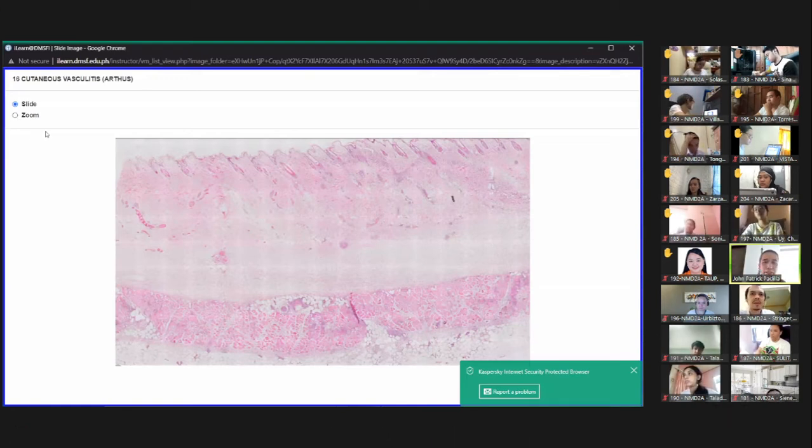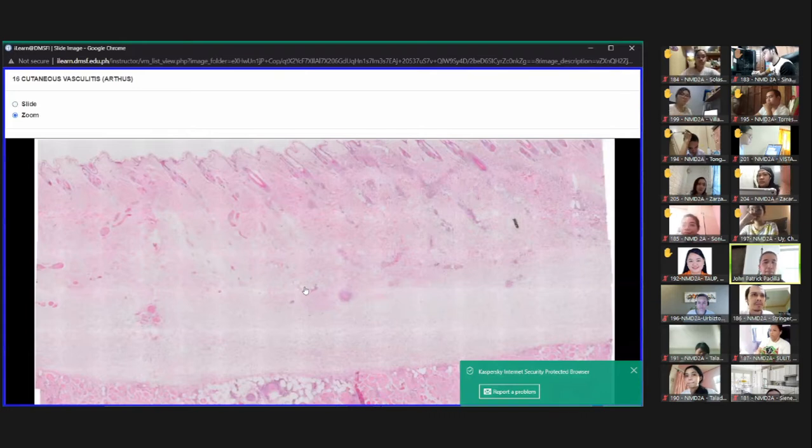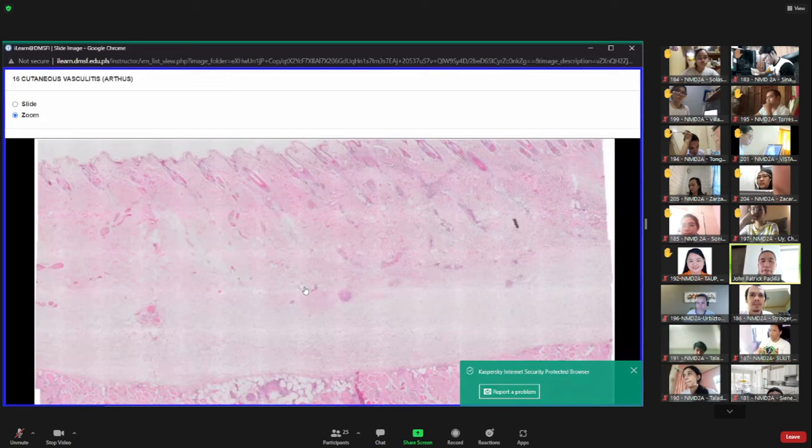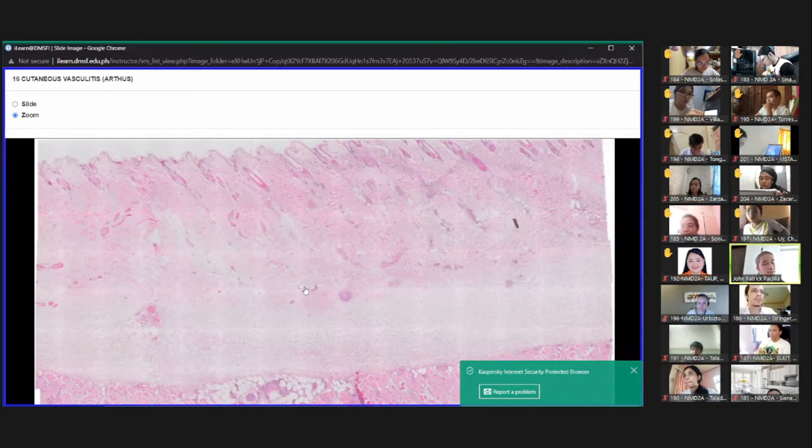So, this is labeled as cutaneous vasculitis. This is skin tissue. Cutaneous vasculitis can be associated with certain conditions; it can be part of an infection.